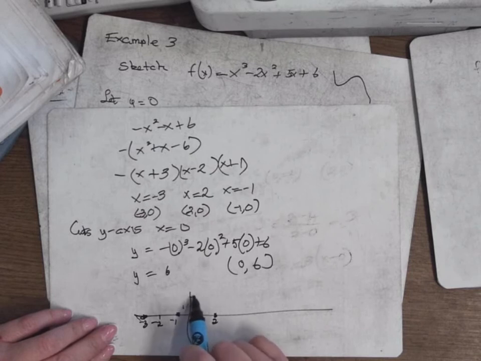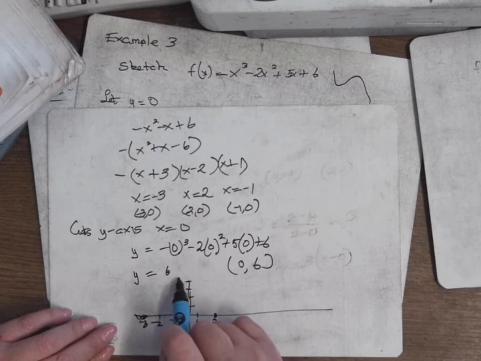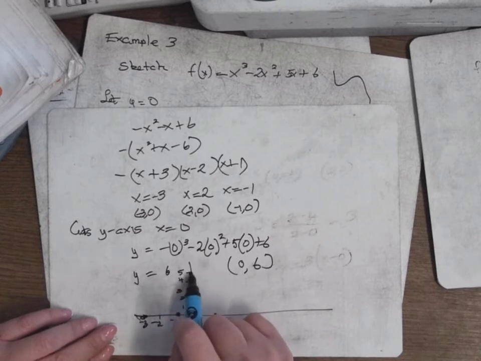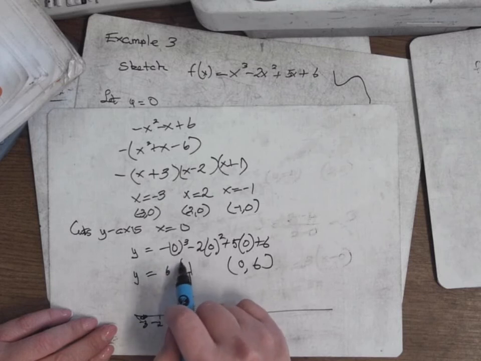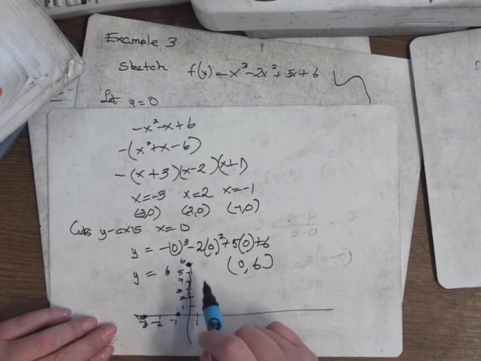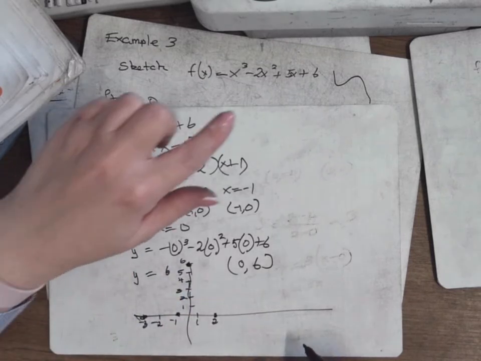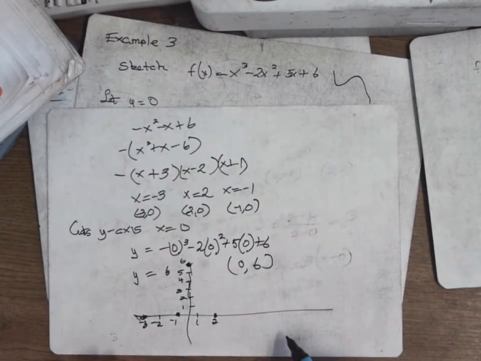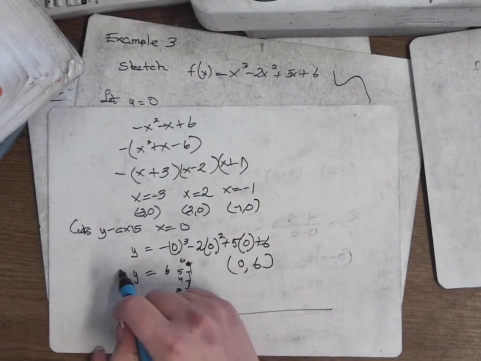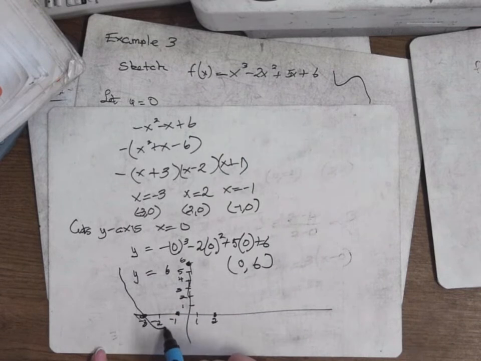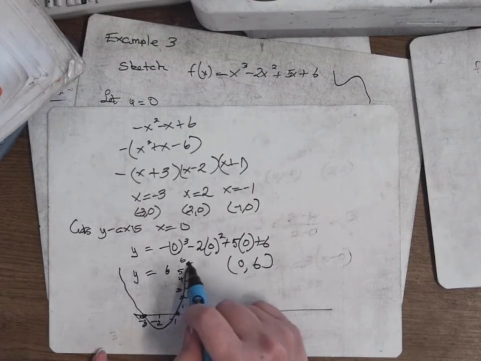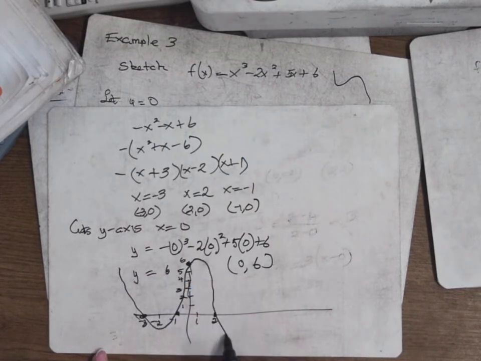So 1, 2, 3, 4, 5, 6. Okay, so it goes through that point there. Okay, and I've already decided it's finishing on a low, so that means it starts high. So here we go, around like that, and down there it goes.